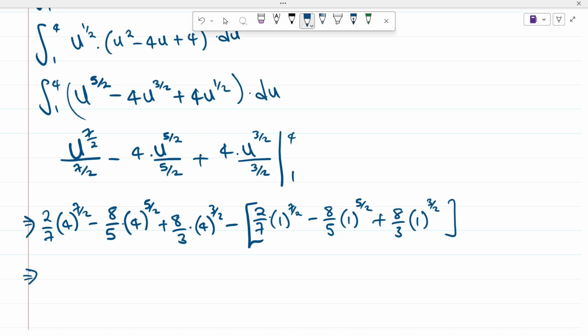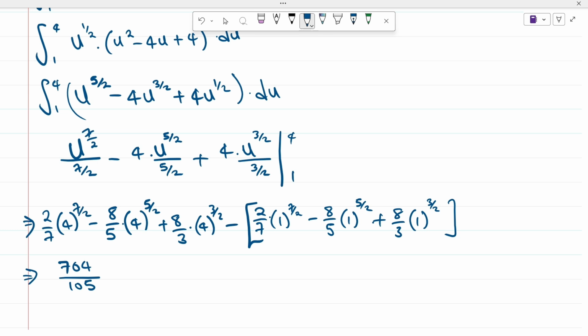Okay, this calculator is not allowing me to substitute 8 over 3. It's saying I've reached the limit. So let me just punch separately. For this one we get 704 divided by 105. And for the other part, I'm getting 2 over 7 plus 8 over 5 plus 8 over 3, minus 8 over 3.